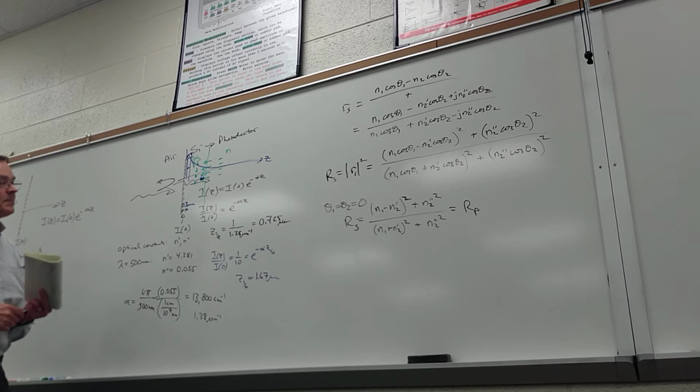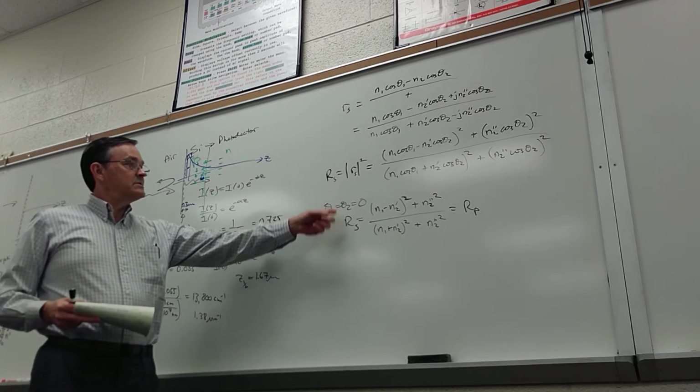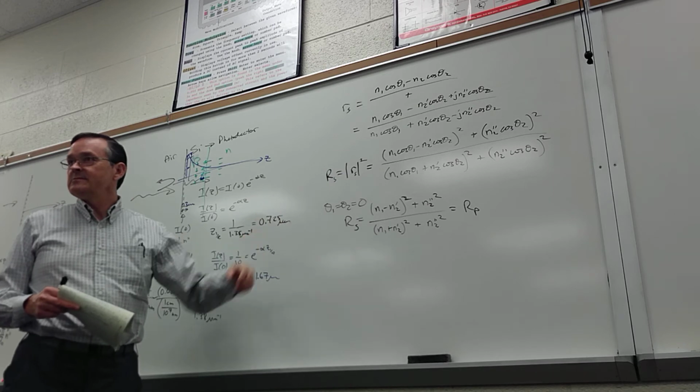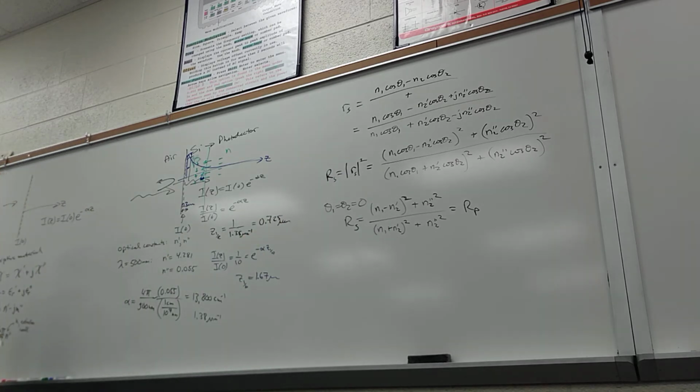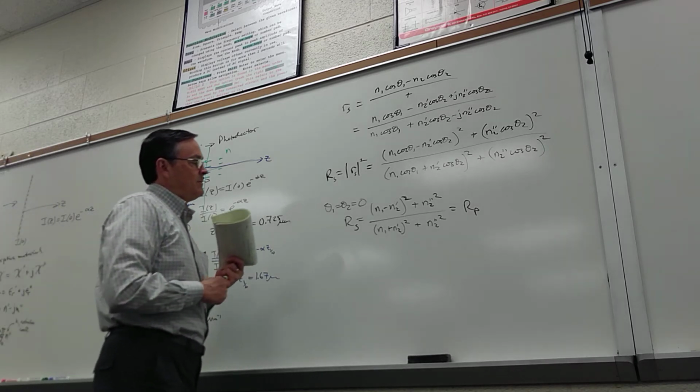So now, number one, the reflectance at normal incidence or non-normal incidence, it's easy. If we have the complex refractive index, it's no big deal. So let's go back to our silicon case.